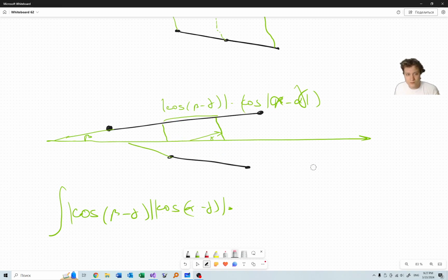So what do we have here? Here we have some two fixed points, and there is some vector between these 2 points, v.